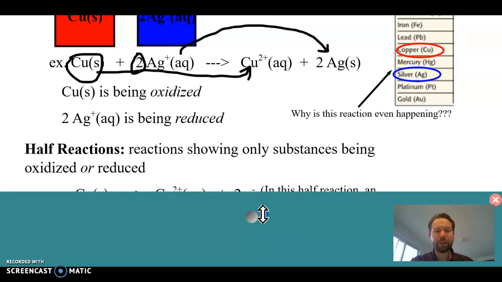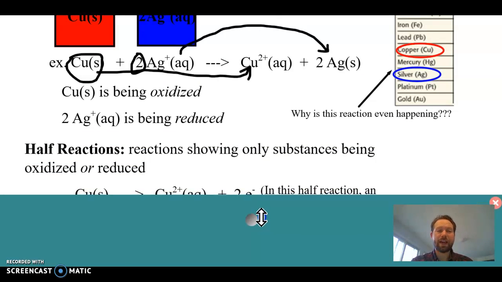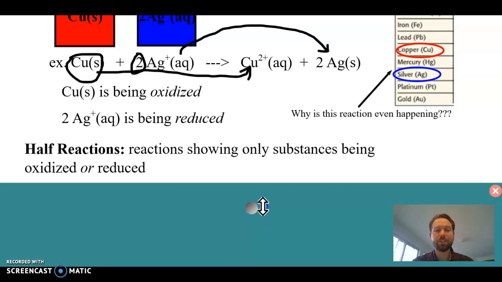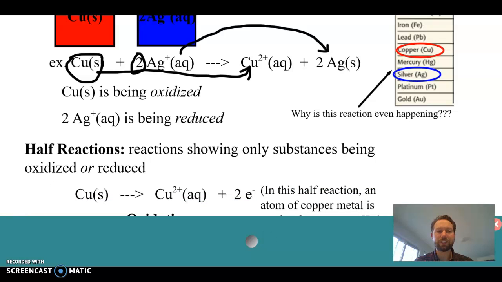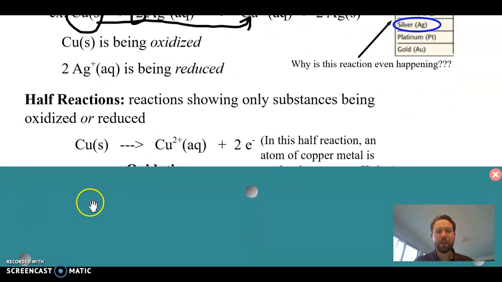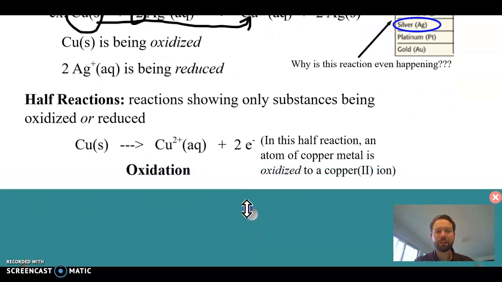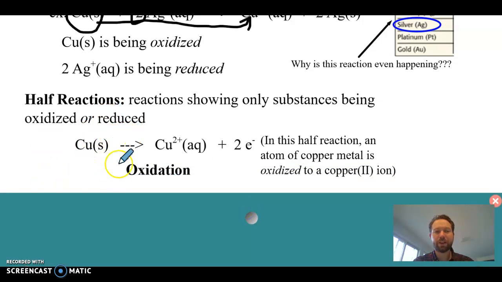So we can write these reactions as separate reactions of just oxidation or just reduction. They're called half reactions, okay? And the half reaction for this particular example would be the copper becoming aqueous, meaning that it would be binding with another molecule or atom and dissolving in water.